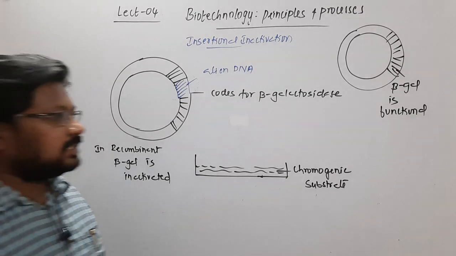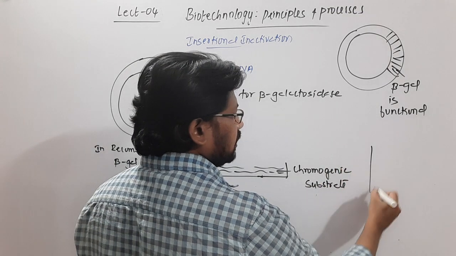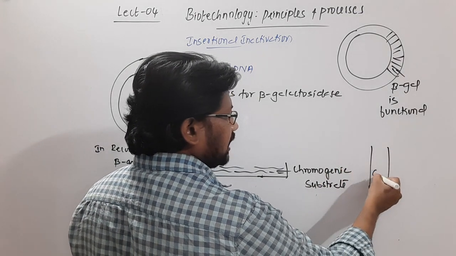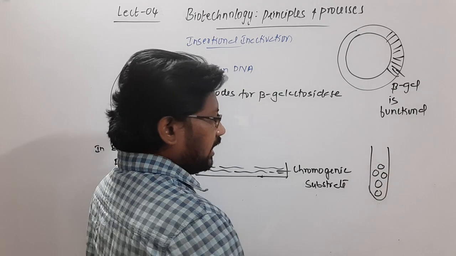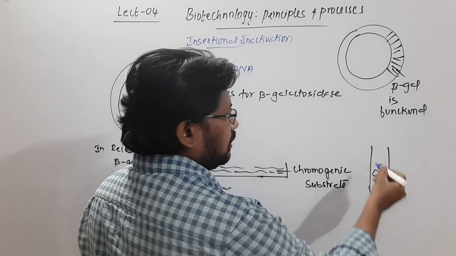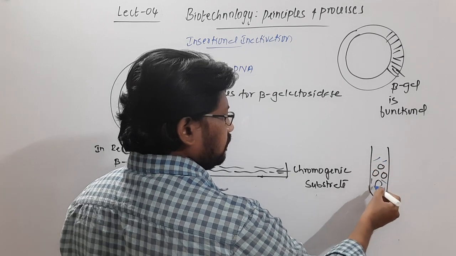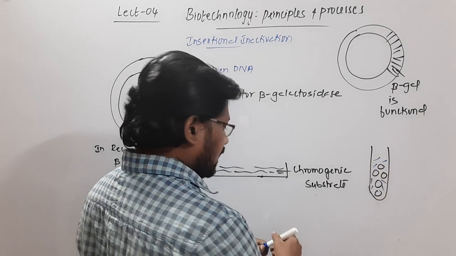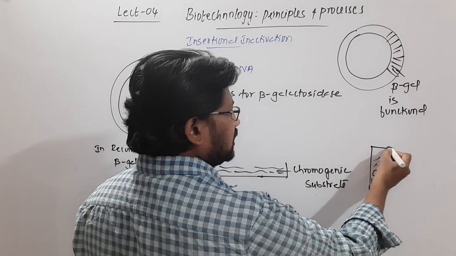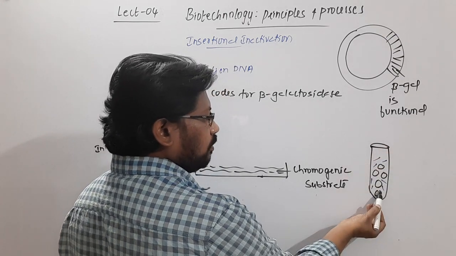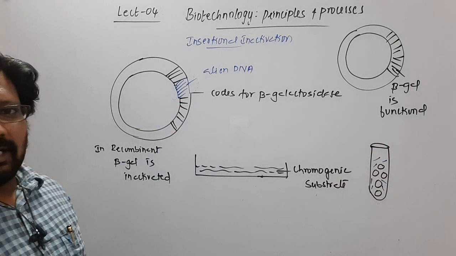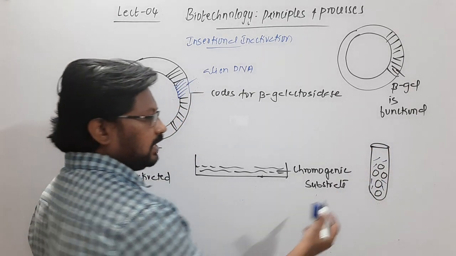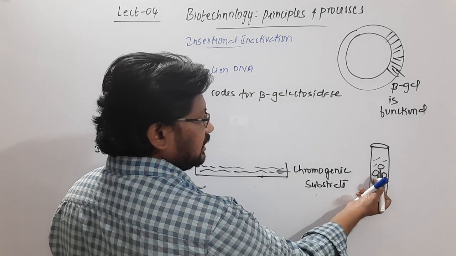I told you in the previous sessions that when we take these plasmids in a test tube, and we also take this alien DNA, we will be using restriction endonucleases to cut open the plasmids and later DNA ligase, so that the plasmids will get ligated with this.